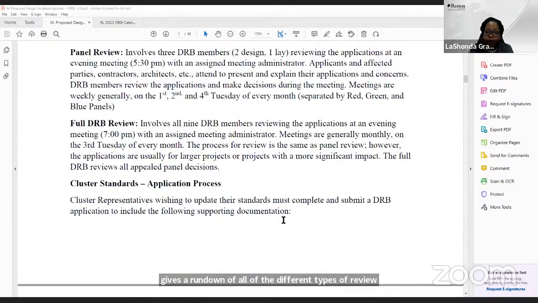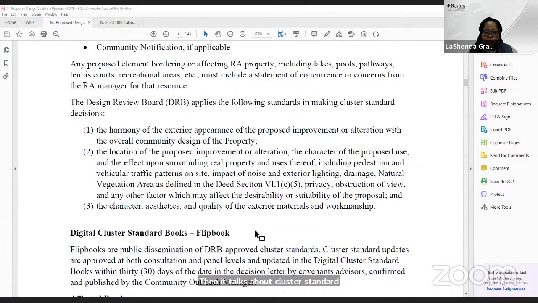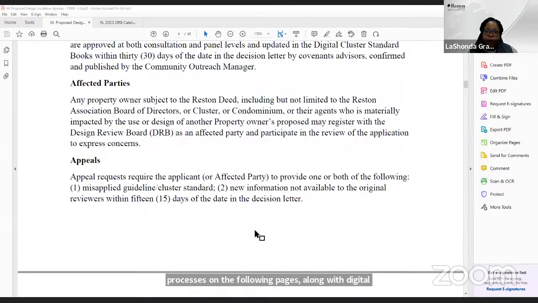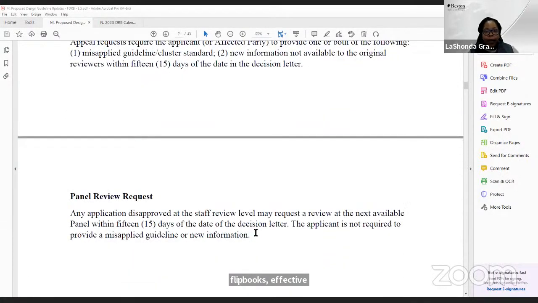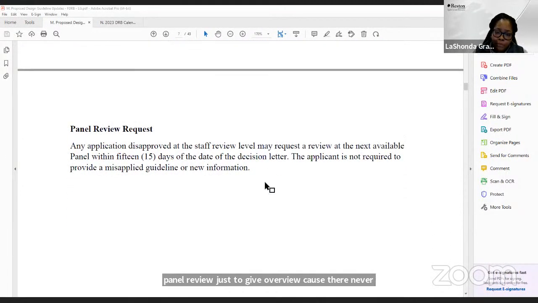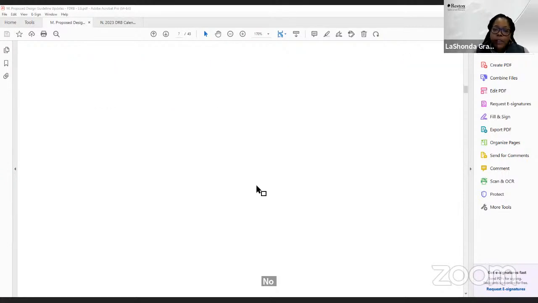Then it talks about cluster standard application processes on the following pages, along with digital flip books, affected parties, the appeals process, and panel review, just to give an overview, because there never was an overview provided for cluster standards and design guidelines. I'll stop here to see if anyone had any questions or comments just about the overview. No? Going into the revisions.